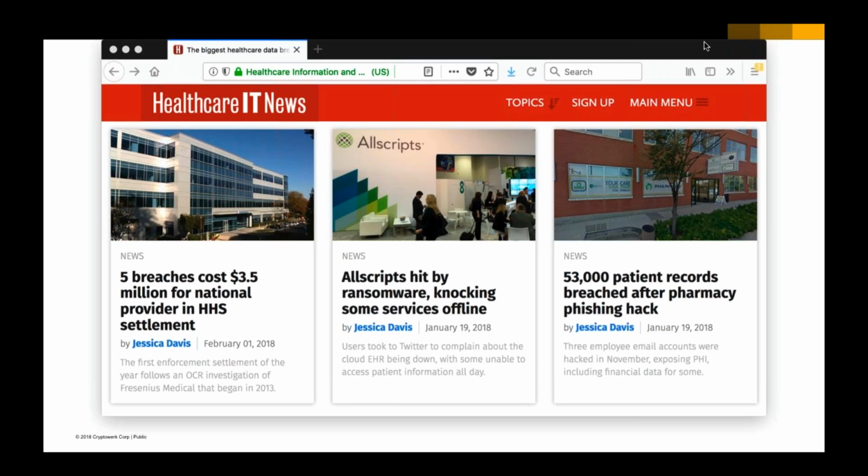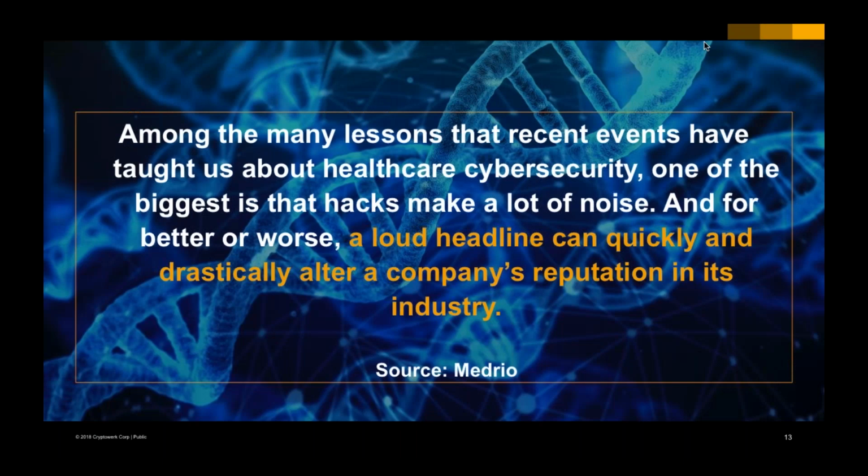So these are very scary examples, I think, in the healthcare business, and it's by no means only the healthcare business that has these cases.